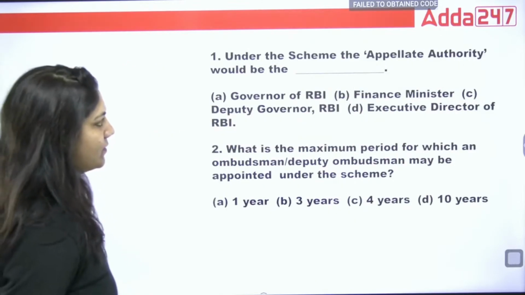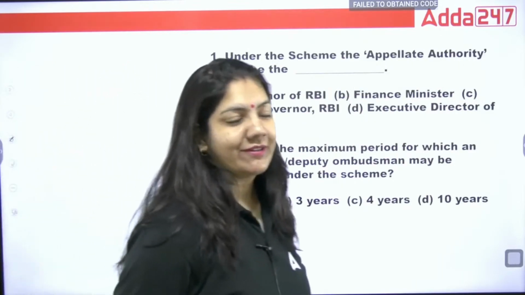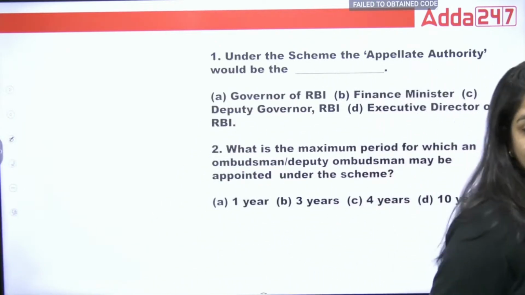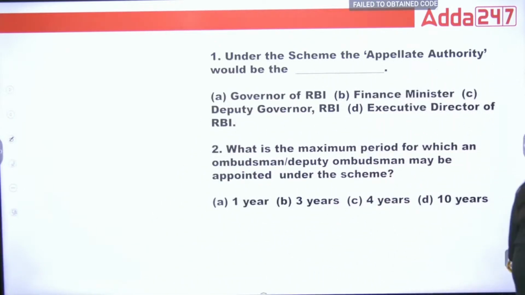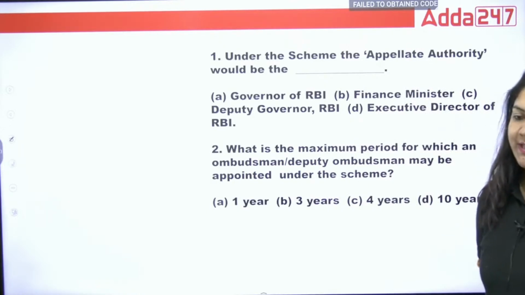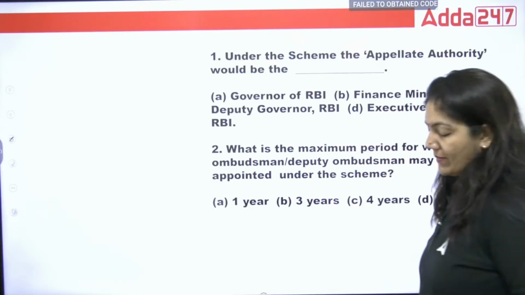Under the scheme, who is the appellant authority? Tell me. The first option is Governor of RBI, second is Finance Minister, third is Deputy Governor, fourth is Executive Director of RBI.